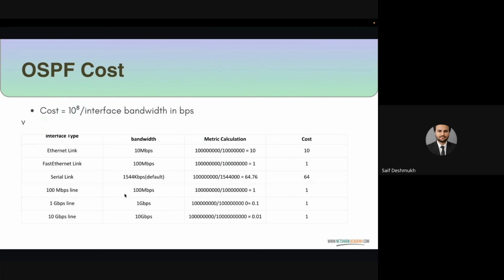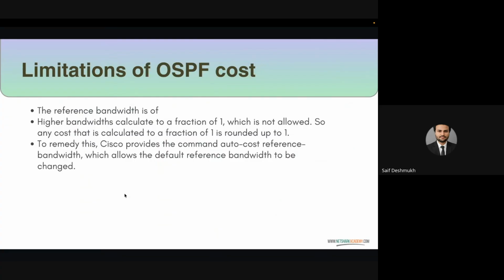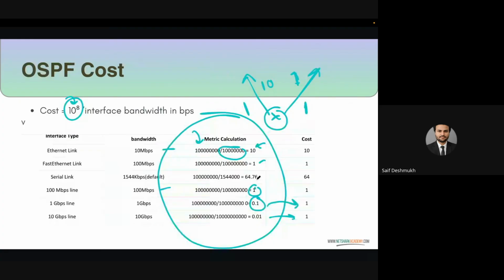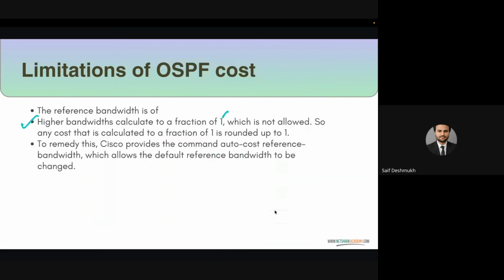You also have an option to change the reference bandwidth in the router OSPF configuration. A higher bandwidth was calculated to a fraction of 1, but fractions are not allowed, so any cost calculated to a fraction of 1 is rounded up to 1.